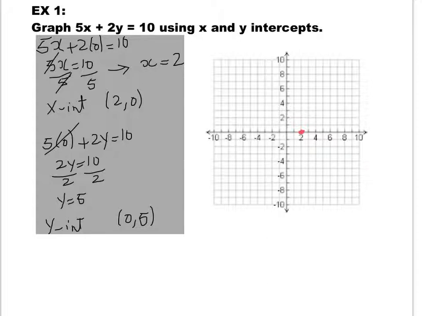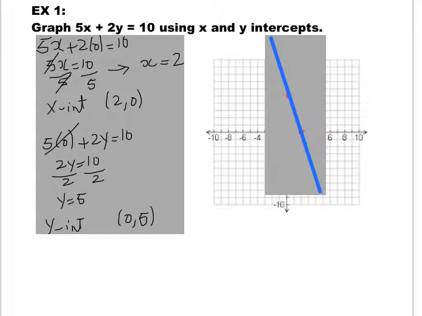And the y-intercept is (0, 5), so it's going to be this point. Now what you have to do is use your ruler and just draw a straight line which goes through these 2 points. If you draw the line as we did here, the blue line, it goes through the 2 points, and this represents the equation 5x plus 2y equals 10.